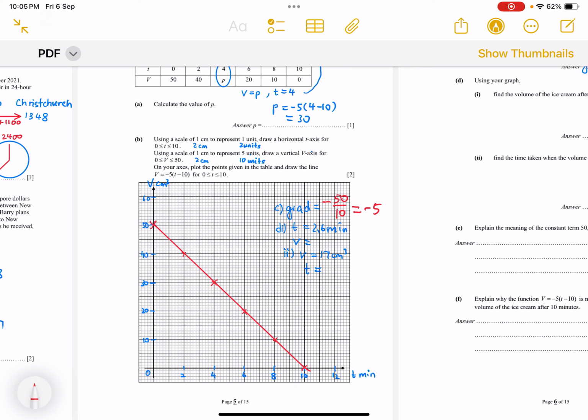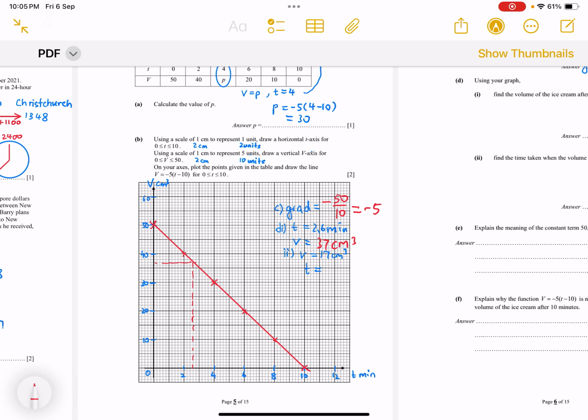Then we are asked to find V when T is 2.6. So 2.6 is here, and we draw a dotted line. Then we can read off, and that is 37 cm cube.